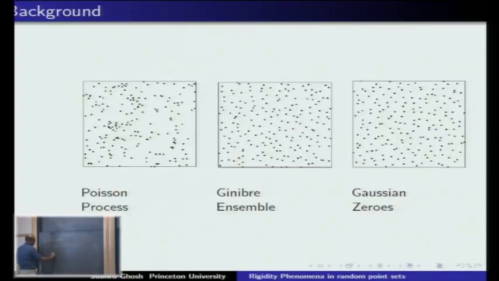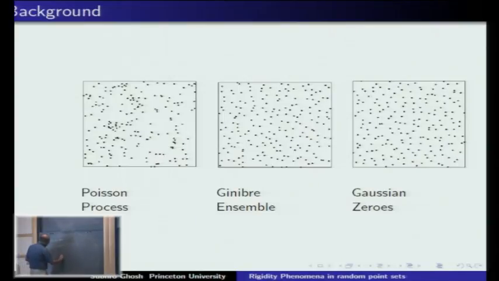One popular way to compare point processes is to study the asymptotics of hole probabilities, and it is known that in both the Ginibre and the Gaussian zero processes, the hole probabilities exhibit the same asymptotic order.